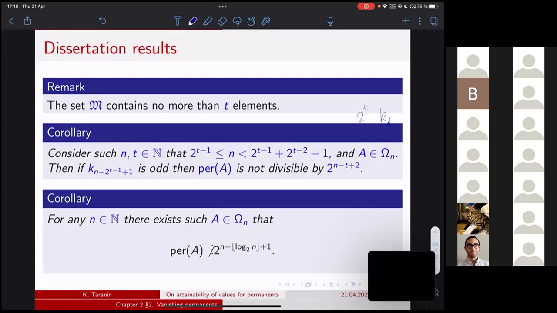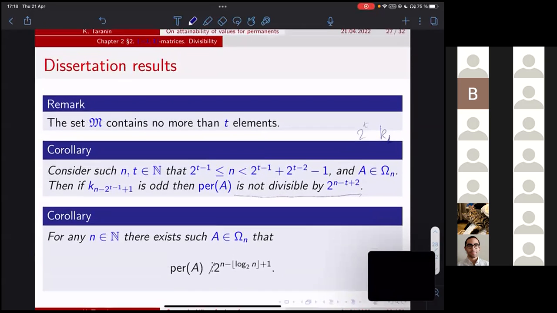So it's really easy to count them and to verify whether the permanent is divisible or not by this power of 2. And another corollary is that for any natural n, there exists a ±1 matrix such that its permanent is not divisible by 2 to the power n-t+2.